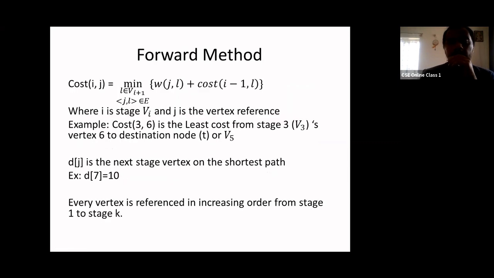I think it has to be I plus 1 because we are going for the next stage. Am I right? So if I is the stage of the vertices in the multi-stage graph, and J is the vertex, and we are connecting from J to L, where L is the next stage vertex, then the cost will be the connecting cost from J to L plus the shortest path from L to sink.